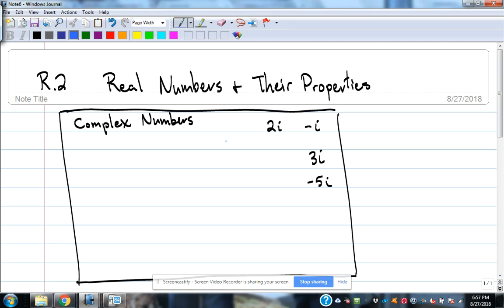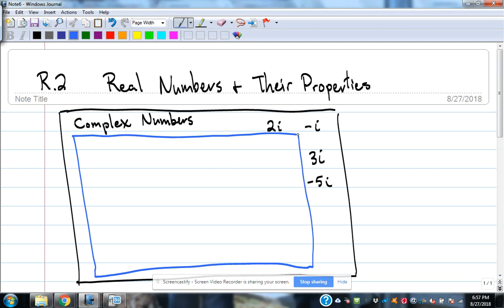Inside of this box is a slightly smaller box, but still pretty good size. It's the real number system. The real number system has several boxes inside of it. Inside of the real number system, you got a pretty big box.